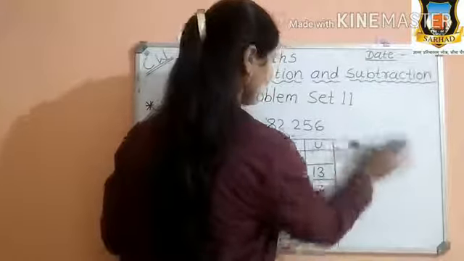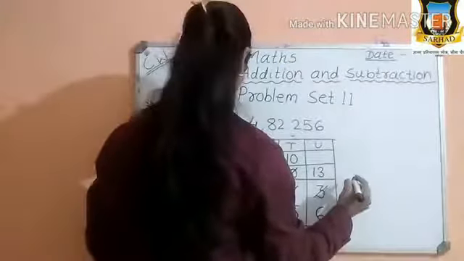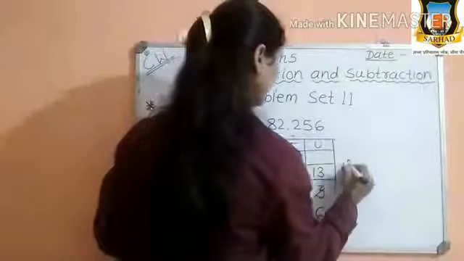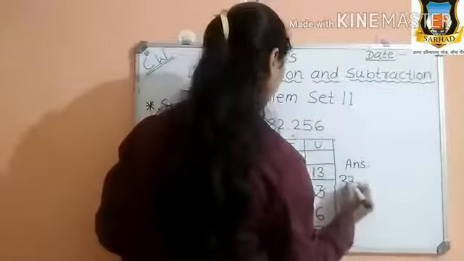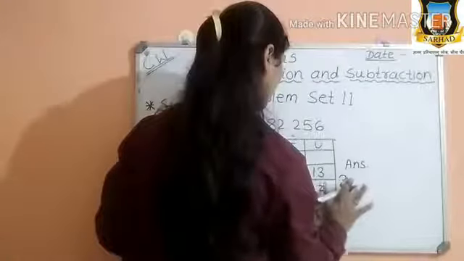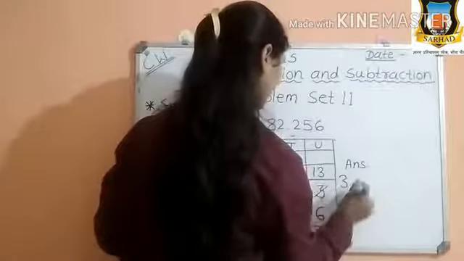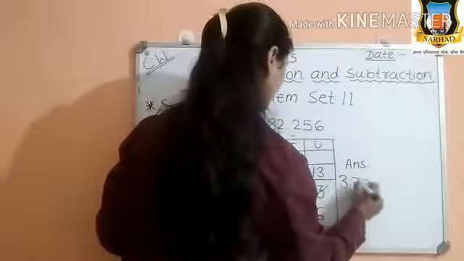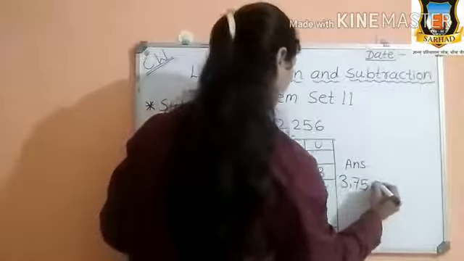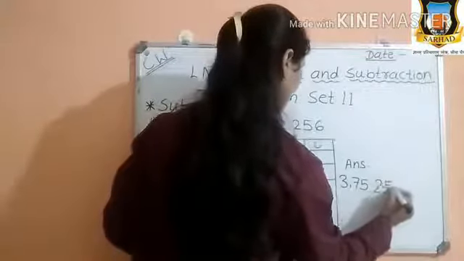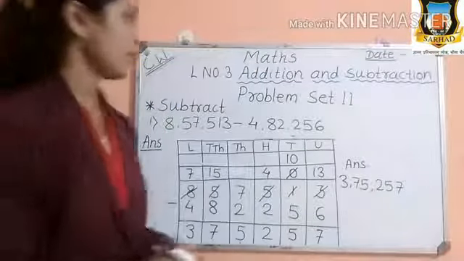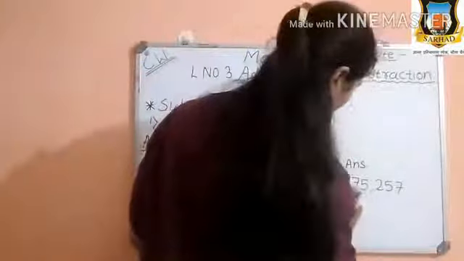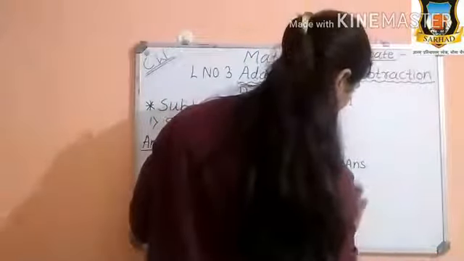The last answer you have to write, that is 3,75,257. Okay, this is how you have to write the answer.